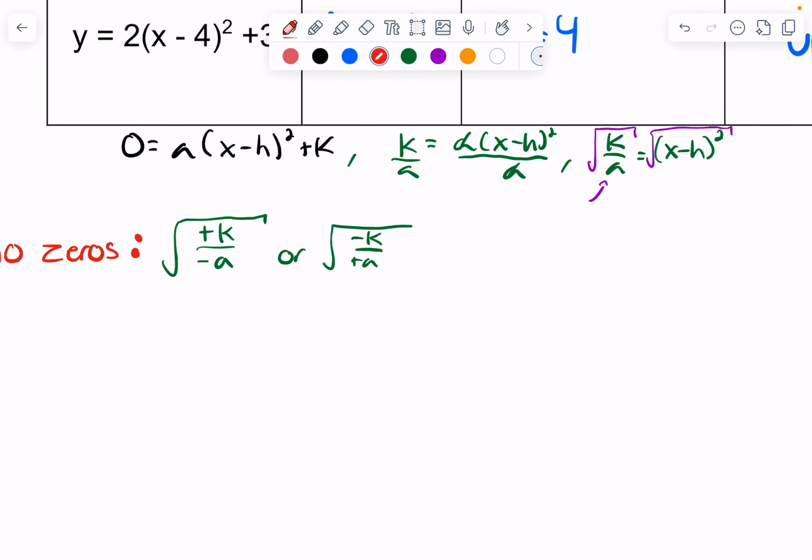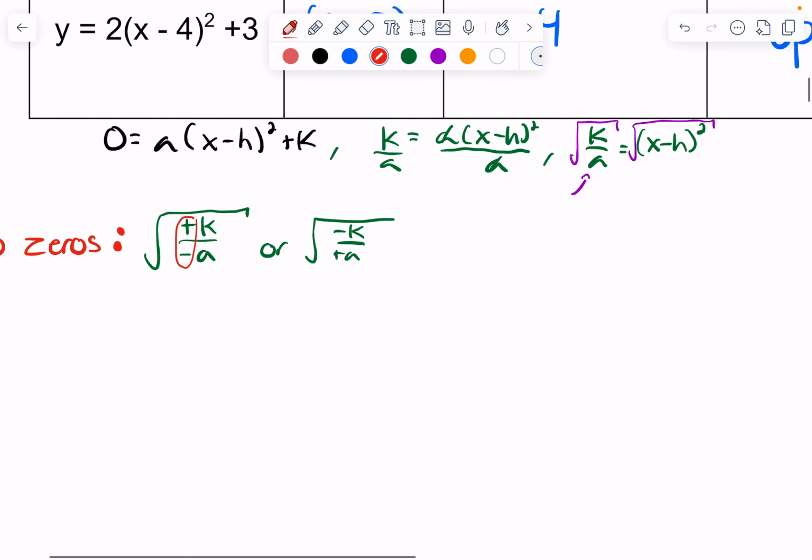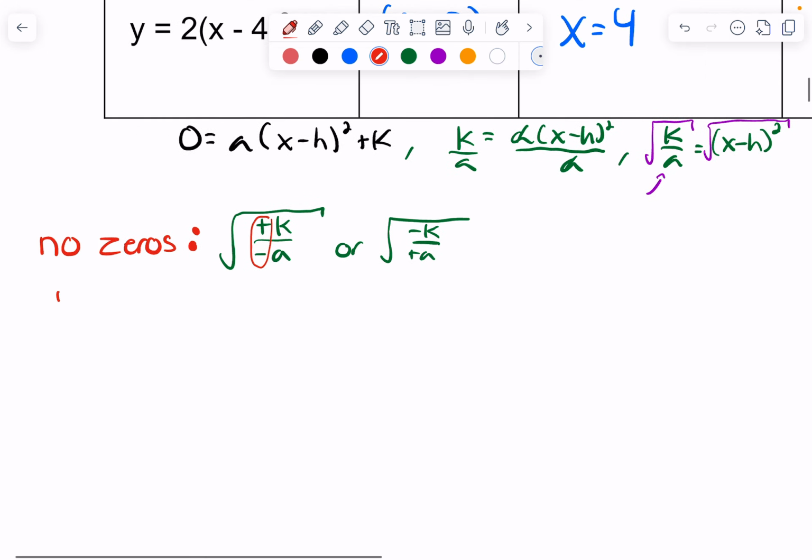Well, what conclusion can you draw from this right here? Well, you can say that if opposite signs, then, on the k and a, then no zeros.